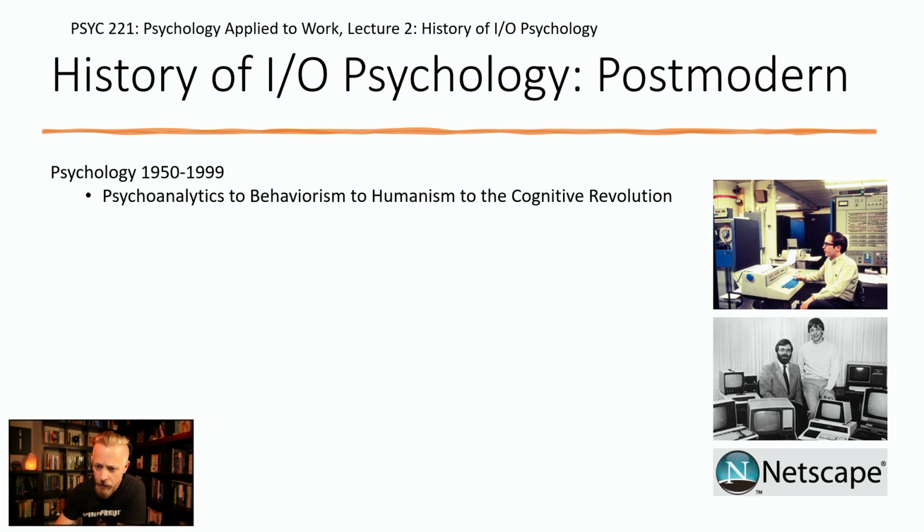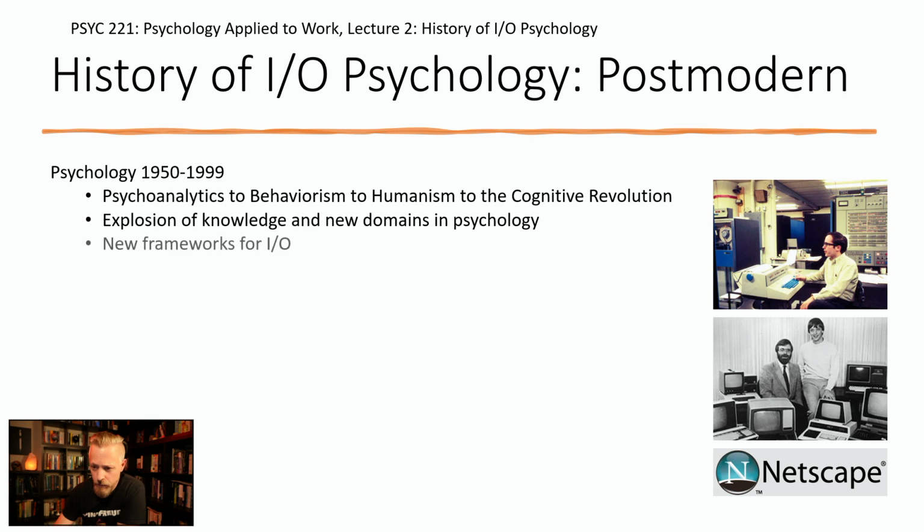But IO psychology is always sort of mining information and new findings, new frameworks from broader psychology, and the changing of what the dominant narratives were obviously affected what IO psychology was, what the cutting edge of IO psychology was. So generally speaking, in the second half of the century, there was an explosion of knowledge and a growth in new domains in psychology.